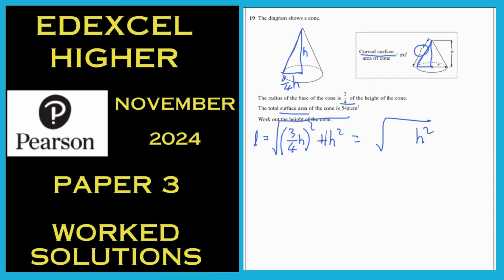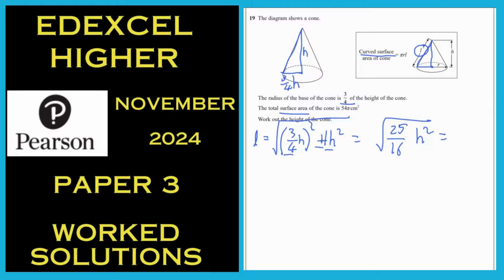It's the coefficients, the numbers next to it, you need to grab your calculator for, because you've got 3/4 squared added to 1 squared. 3/4 squared is 9/16. 1 squared is 1. 9/16 added to 1. Grab your calc if you need to. It's 25/16.